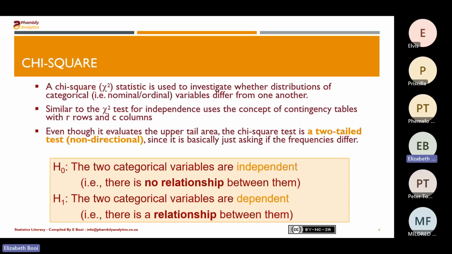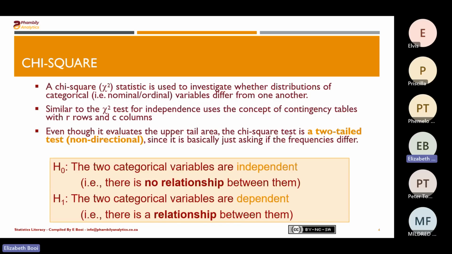When you look at the table, it will also show a graph of a chi-square distribution where the region of rejection is only on the upper tail. But a chi-square test is always a two-tailed test. How do we state the null hypothesis and the alternative? How do we test this?